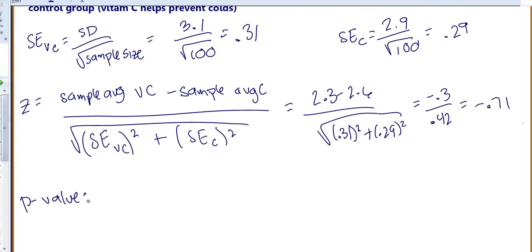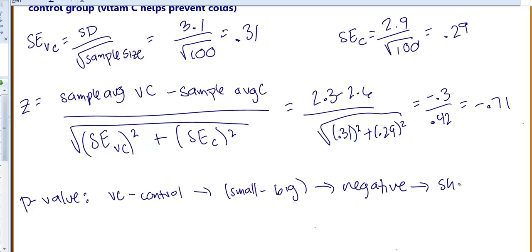Now for my p-value, we have to decide which direction to shade. So we were doing VC minus control. Now, our vitamin C was actually supposed to be lower. We were supposed to have fewer colds, and so we should actually have small numbers minus big numbers, which should give me negative results.